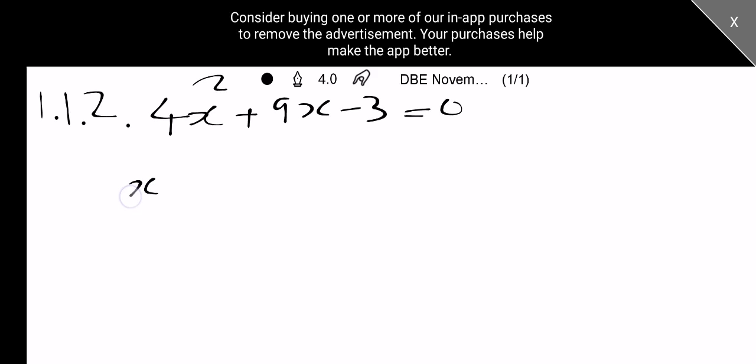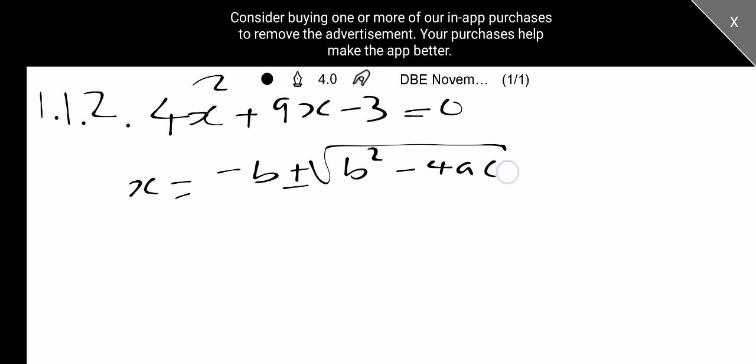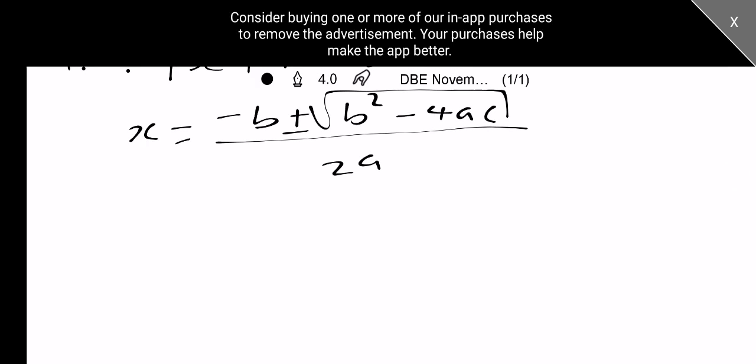Our quadratic formula, as you know, is negative b plus or minus the square root of b squared minus 4ac, all divided by 2a. Let's substitute in our values.